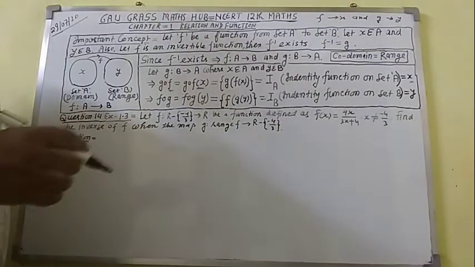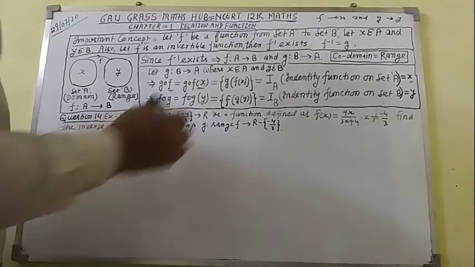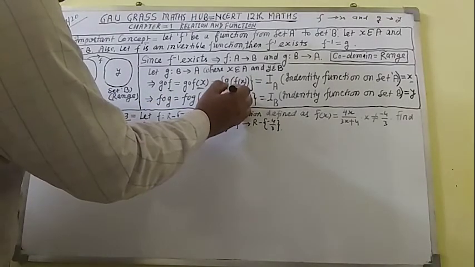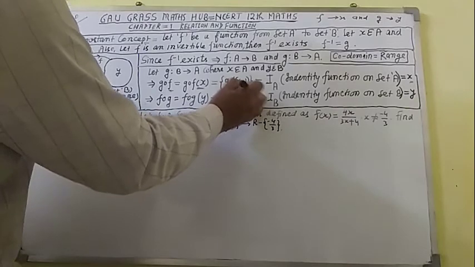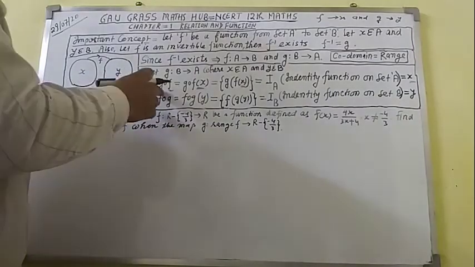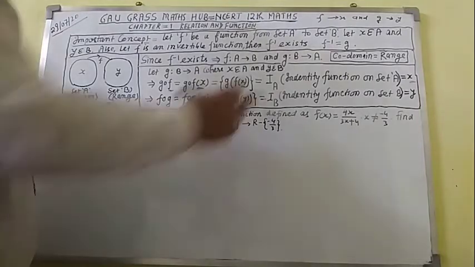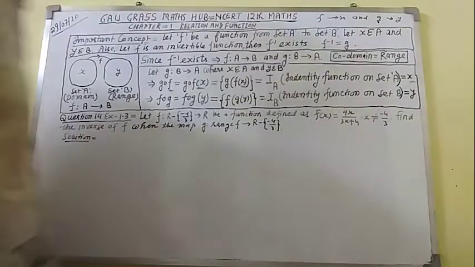This is the theorem you must remember. Here you can see g of f(x), so this x will be written here. So here you can read g o f equal to identity function on set A, equal to x.